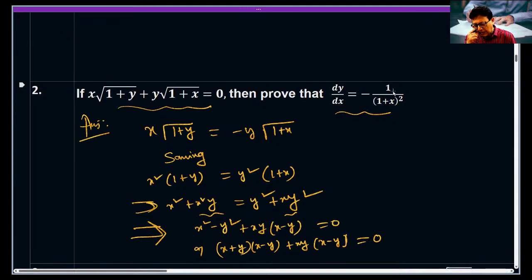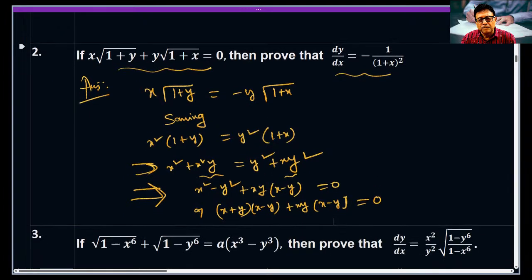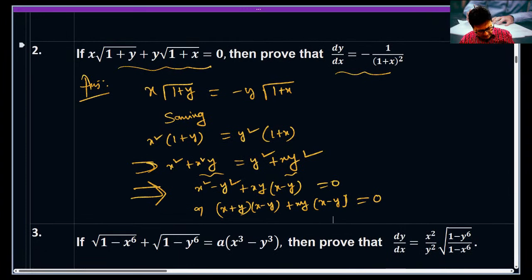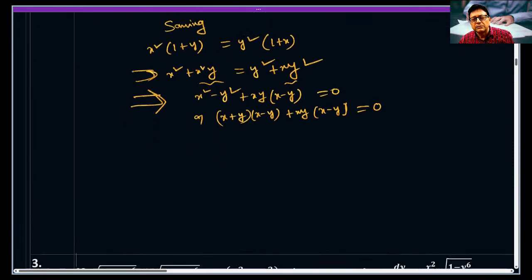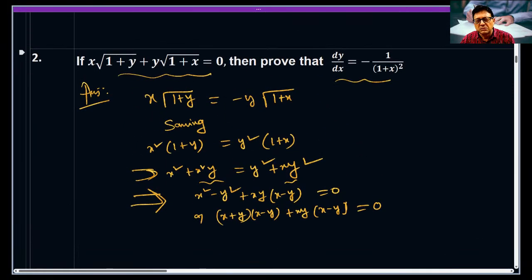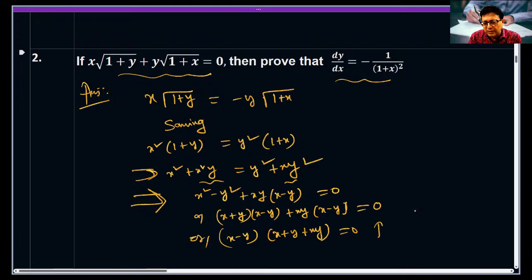Clear? Here x cannot be y. If you write x not equal to y, so what does this imply? This part will be 0.